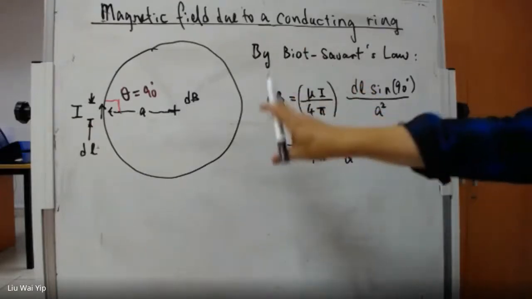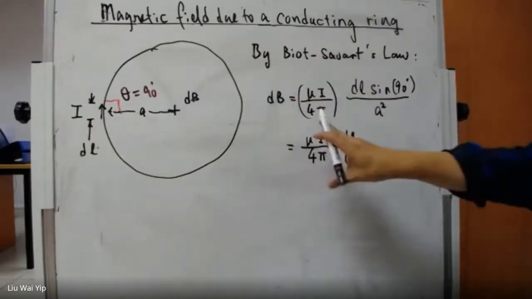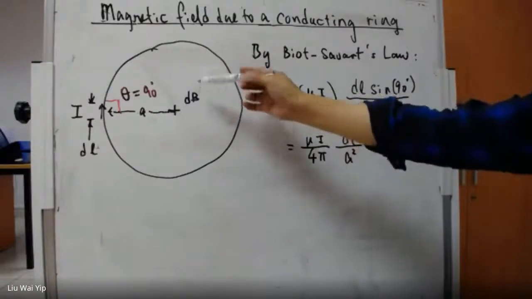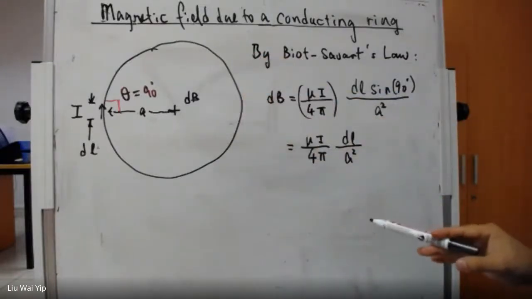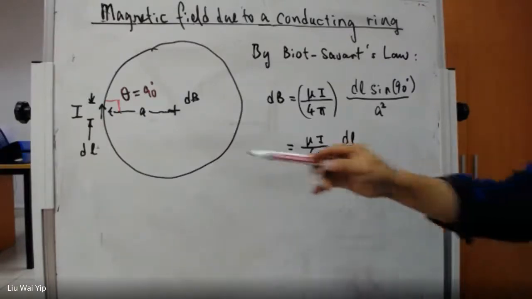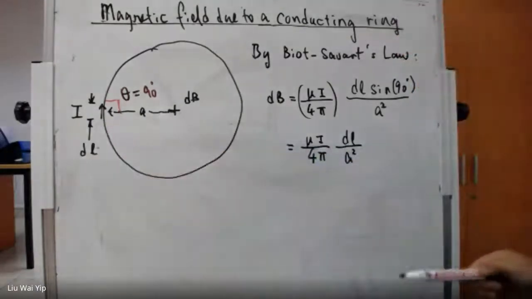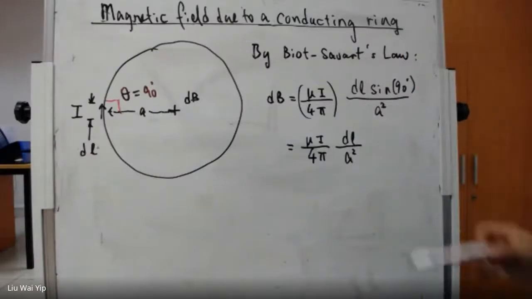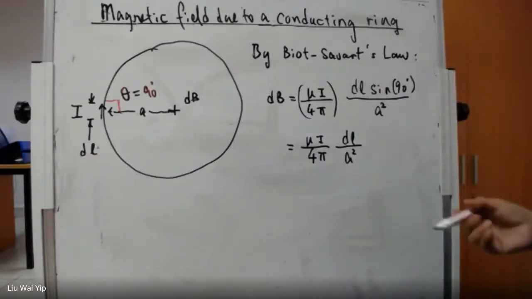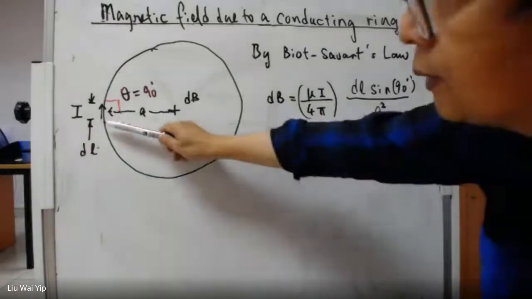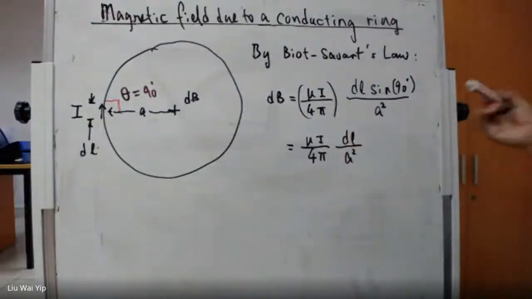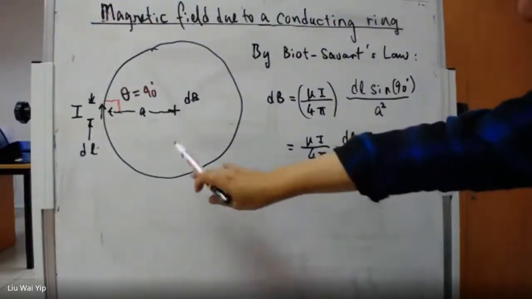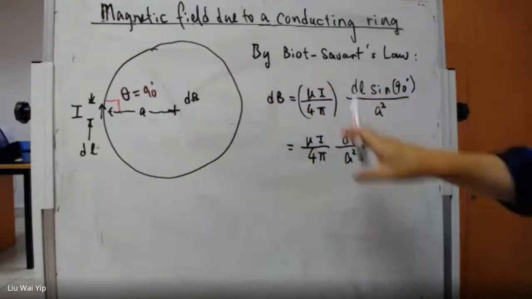Now, this is just the delta amount of magnetic field, and this magnetic field is contributed by this delta L. If we want to find the total magnetic field due to the contribution around this circumference, we have to calculate the sum for the whole circumference.